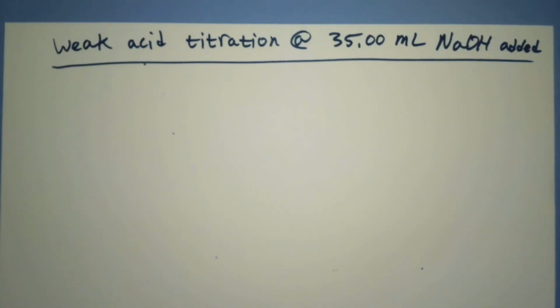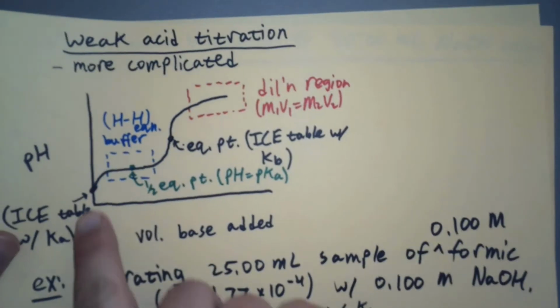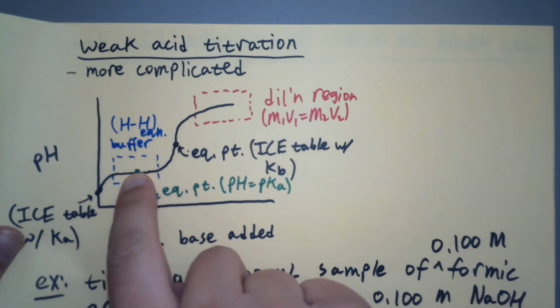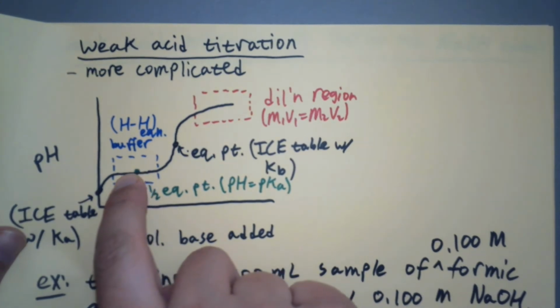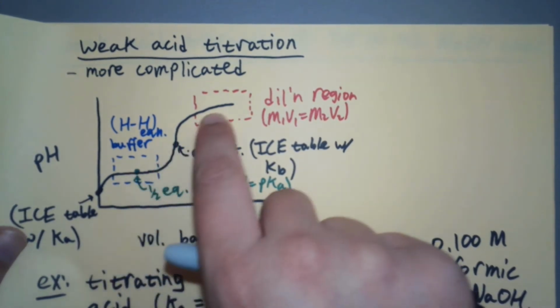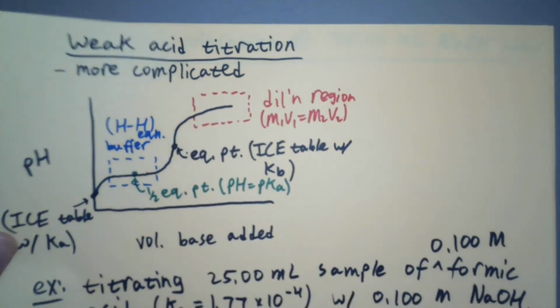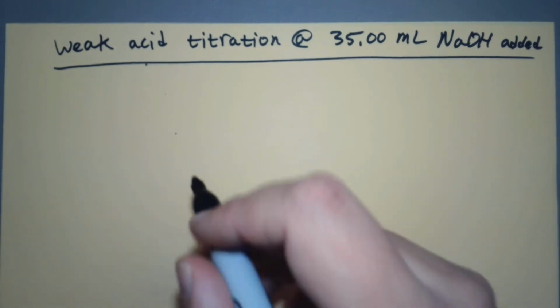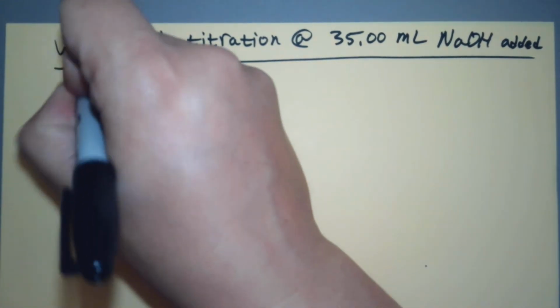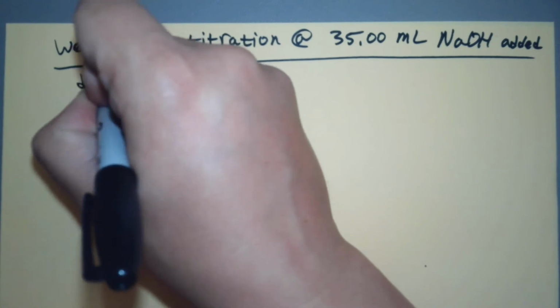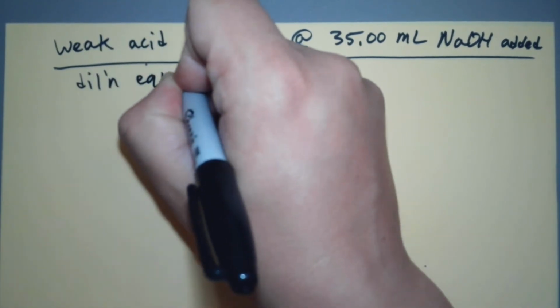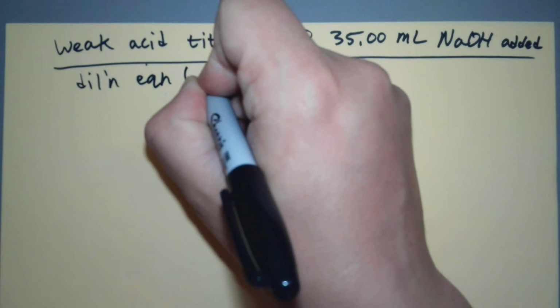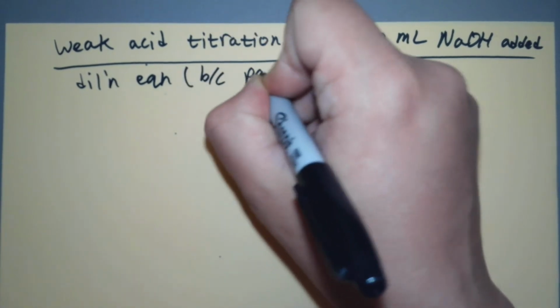Okay, so here we are at the end. We've calculated the pH here, here, a little bit back from there even, and now we're into the dilution region. So we are going to use the dilution equation, because we're past the equivalence point.